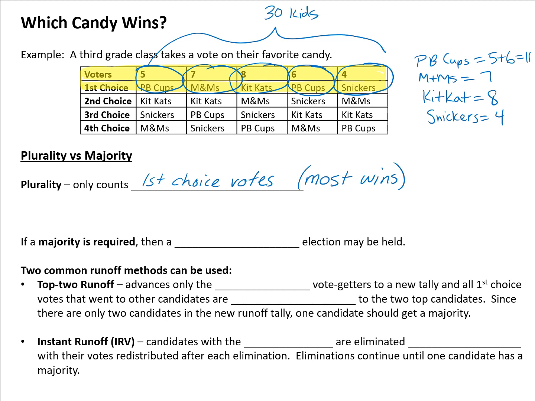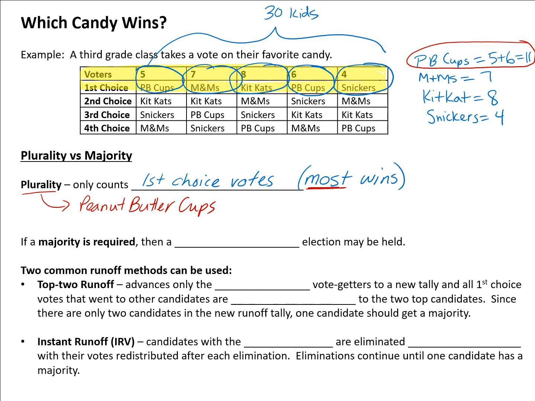So we had 30 votes altogether, and in this example, peanut butter cups won the most votes. So the winner with plurality would be peanut butter cups. Because it's just the most votes wins.